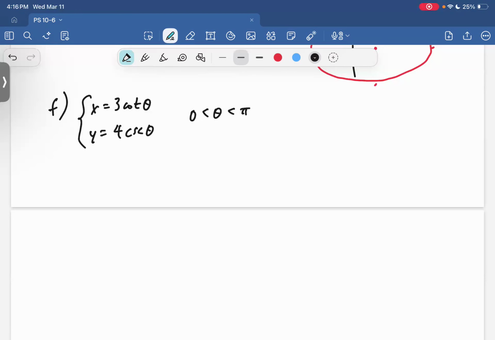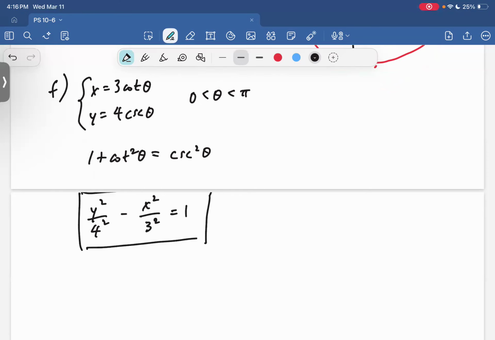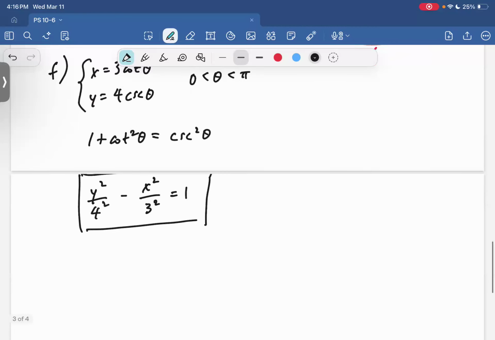But then we're going to use the fact that 1 plus cotangent squared is cosecant squared. That needs to be memorized. Based on this, you would find that cosecant squared minus cotangent squared is 1. So cosecant squared is y squared over 4 squared minus cotangent squared, which is x squared over 3 squared, equals 1. And that's a vertical hyperbola.